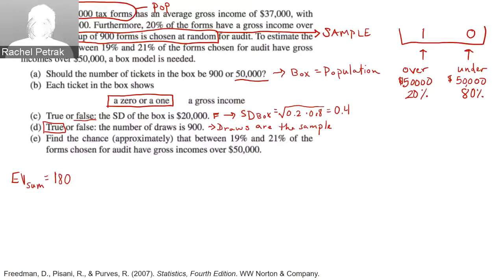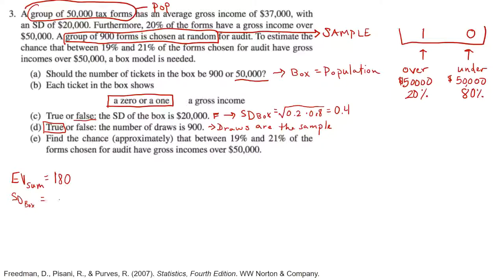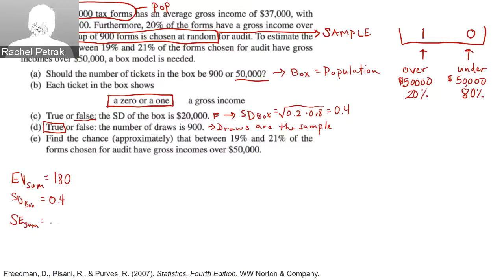And the standard error for the sum, well, let's consolidate our standard deviation here. Thus, the standard error for the sum is the square root of number of draws times the SD.